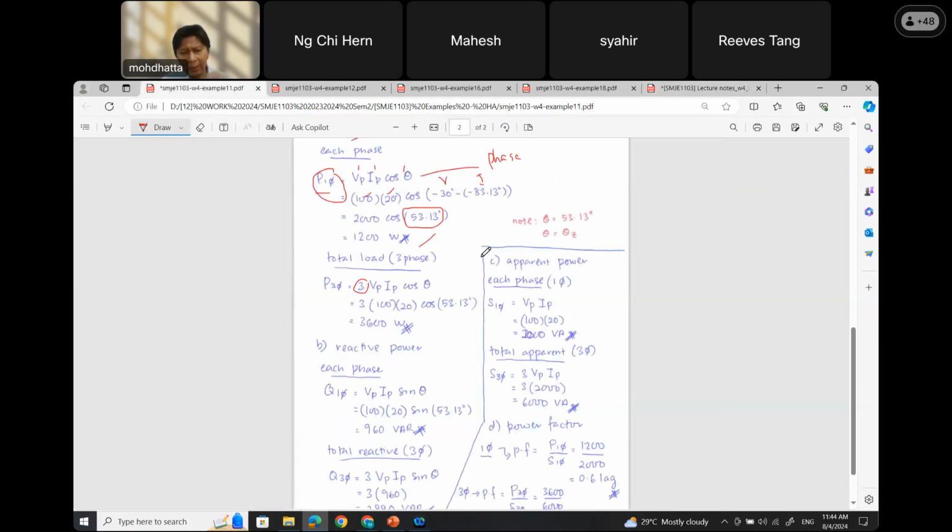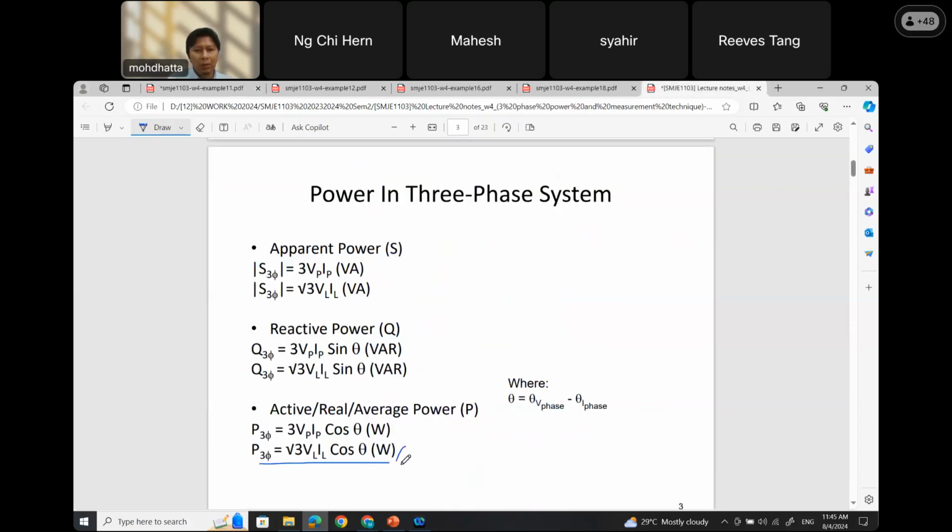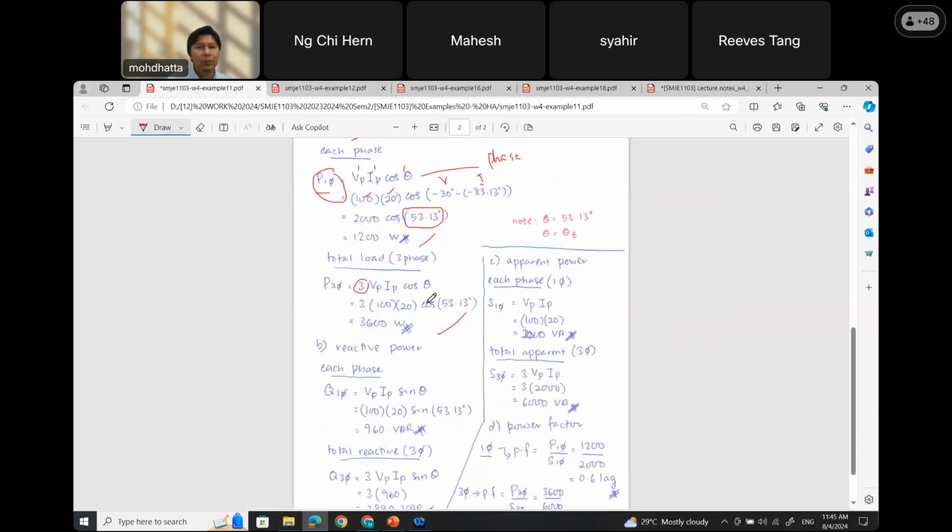Later on you can try by your own and compare whether this formula gives the same value as the one we've seen using the line information. It's for you to check.